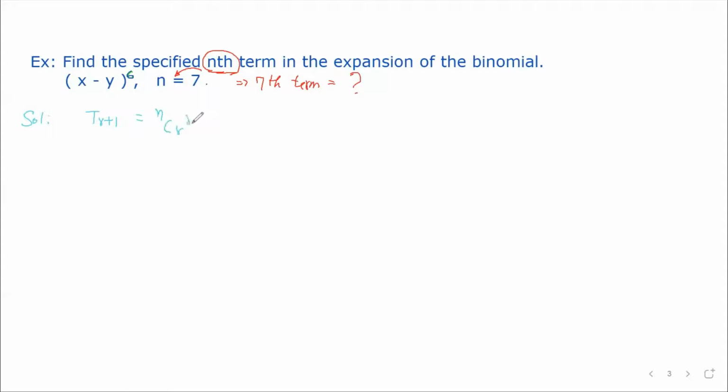And times x power n minus r, and times y power r. Okay, you should write this formula down because in your handout they did not have this formula. They write it as unknown, so keep this in mind. Okay, then x, y, this one they give x, y.